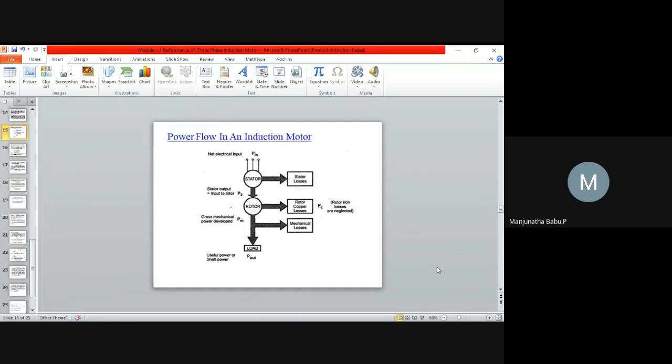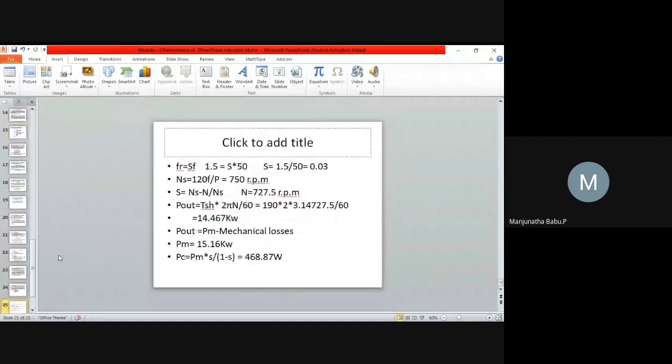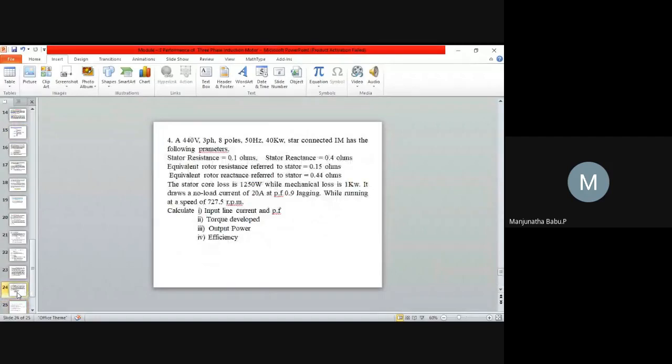So these are the 3 numericals, and I'll give some more numericals as an assignment, so later you can sit and try. The next numerical will be related to your equivalent circuit, where we have to go for each and every formula.